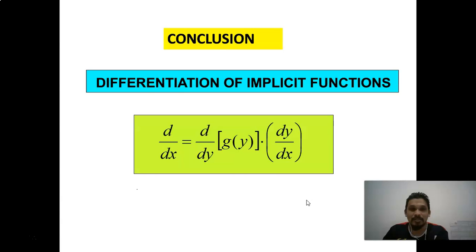Okay, so that's all for today. The conclusion is, on this subtopic, we differentiate the implicit function, where the derivative of y with respect to x is multiplied with dy/dx.